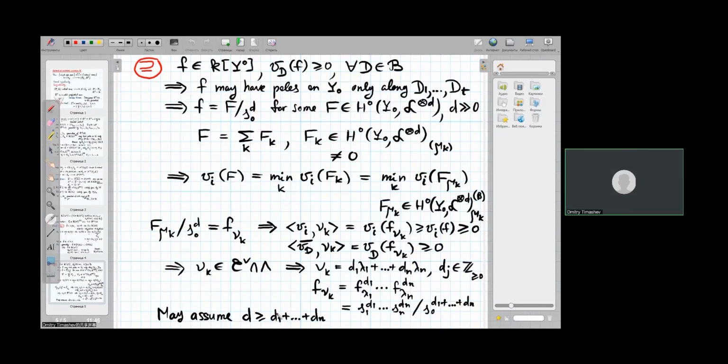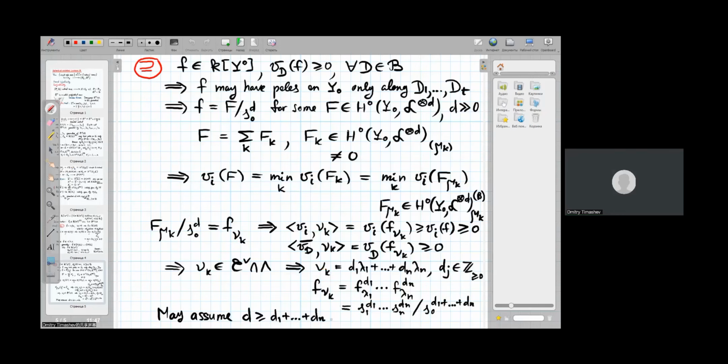Professor, I mean, di depends on k, right? Of course. The dj's depend on k because they depend on nu k, and nu k depends on k. So the inequality d greater than the sum of dj has to be satisfied for all k, right?